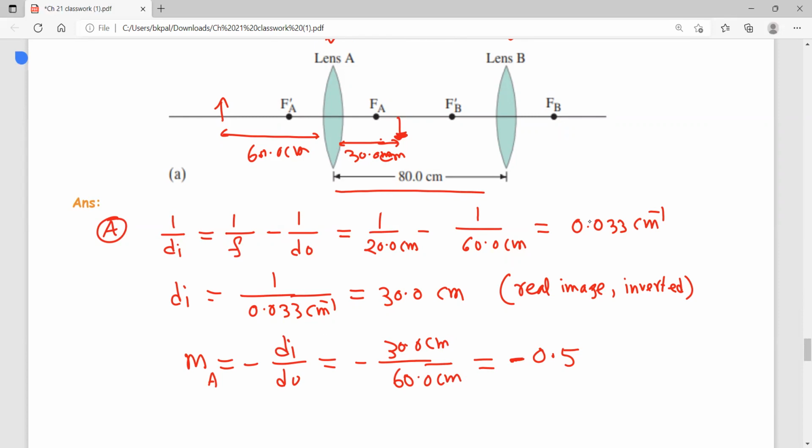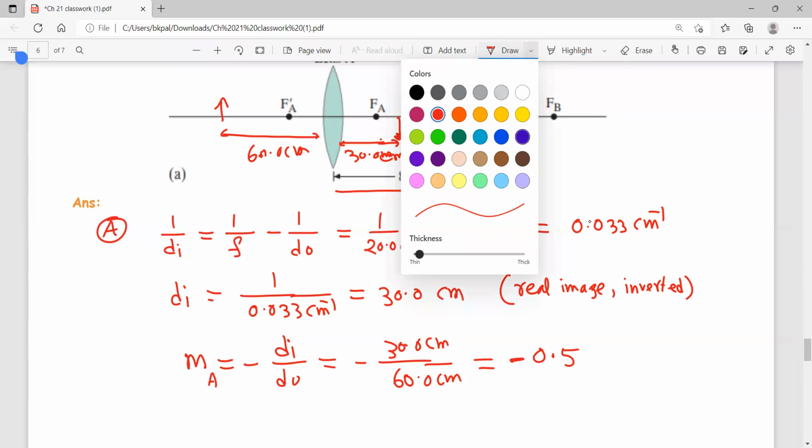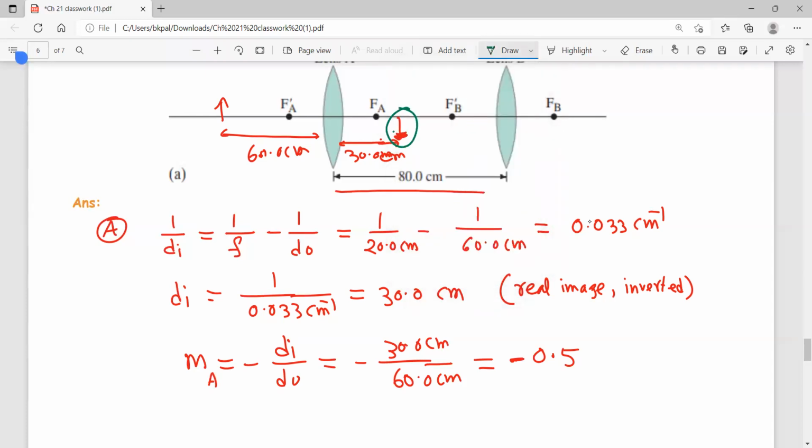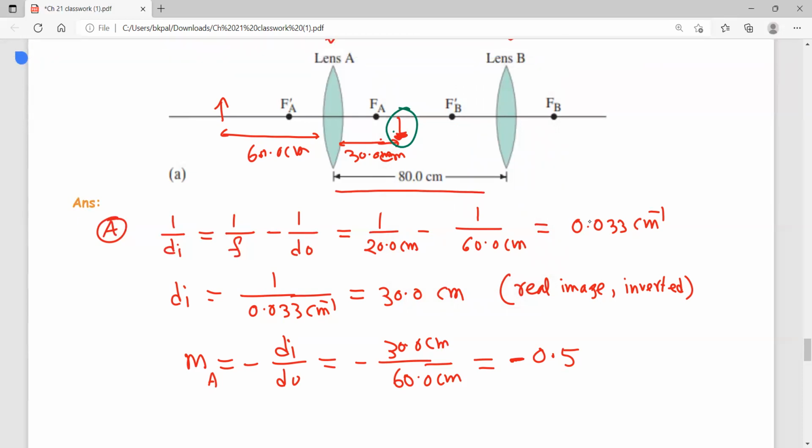Now this image is the object for the second lens. Because it is 30 centimeter from the first lens, and the distance between the two lenses is 80 centimeter, this distance is 80 minus 30, so it should be 50 centimeter. The object distance for the second lens is 50 centimeter.